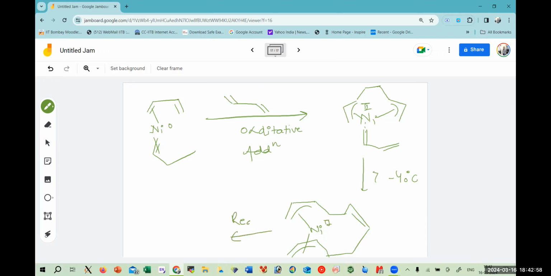And then when reductive elimination happens at greater than -40 degrees, the whole thing would again rearrange to form a nickel 0 species. And these 5 bonds are like this way, which would connect with your nickel.